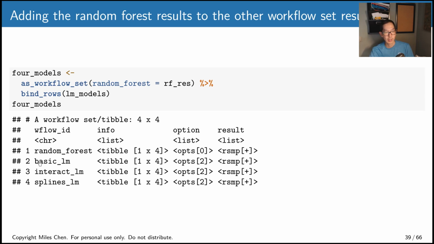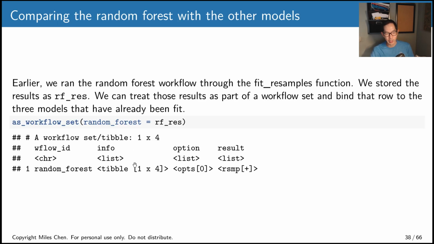So now I have my workflow set. I've got 4 rows here. It's interesting the way Tidymodels and the Tidyverse handle everything. It treats everything as a table, but each of these things can contain more tables. This itself is a table, but the contents of this quote cell, for the row random forest and the column info, is itself a table. And the contents of this quote cell here is itself a huge table. It's actually a table of tables.